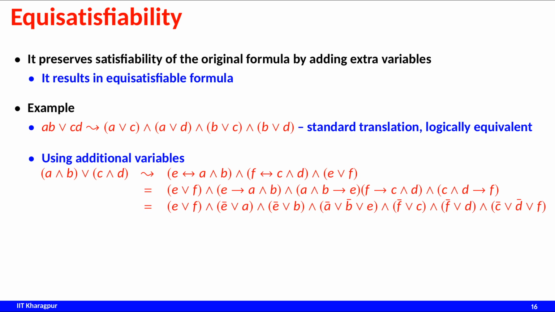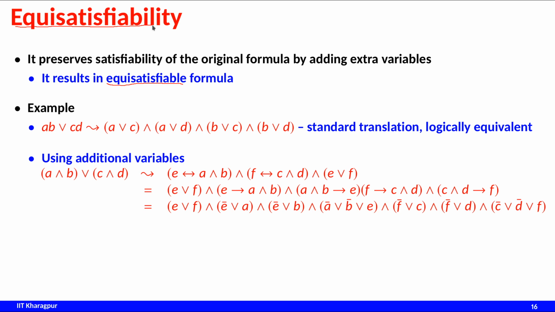So the approach that we'll be following is we introduce additional variables in order to convert it into CNF, and we construct a situation where we just check for an equisatisfiability scenario.